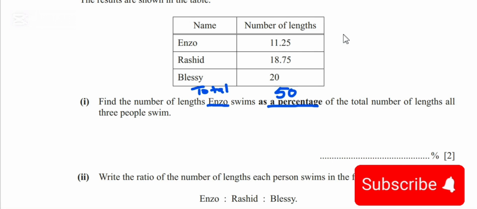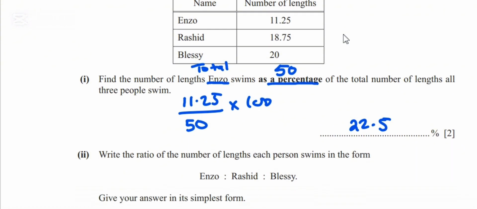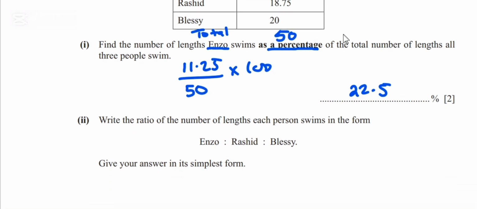So we're going to say 11.25 over the total. The total is 50, so say 50, then times 100. Just do everything here on the calculator and you find that the answer is 22.5%.